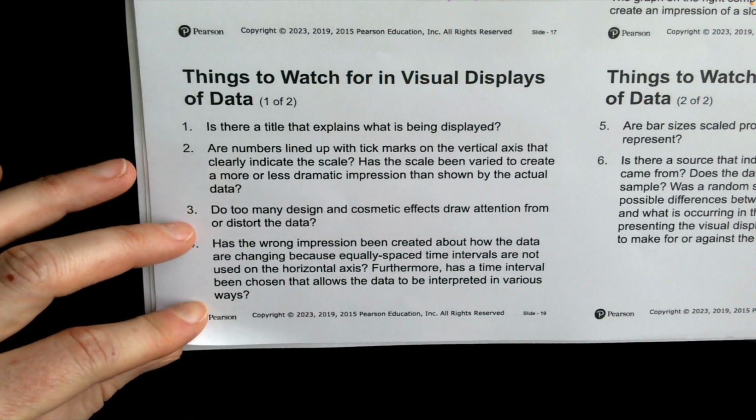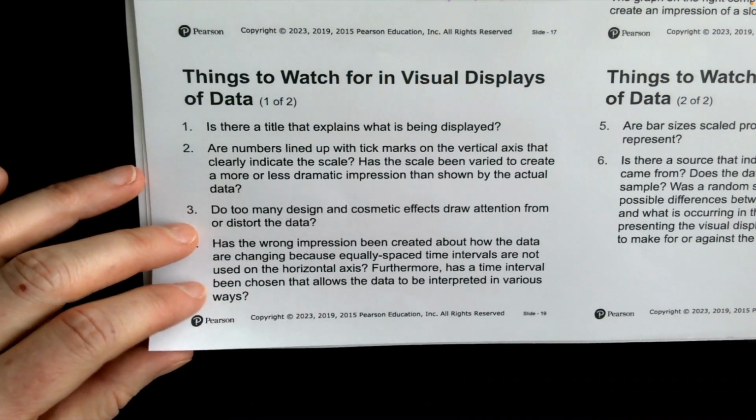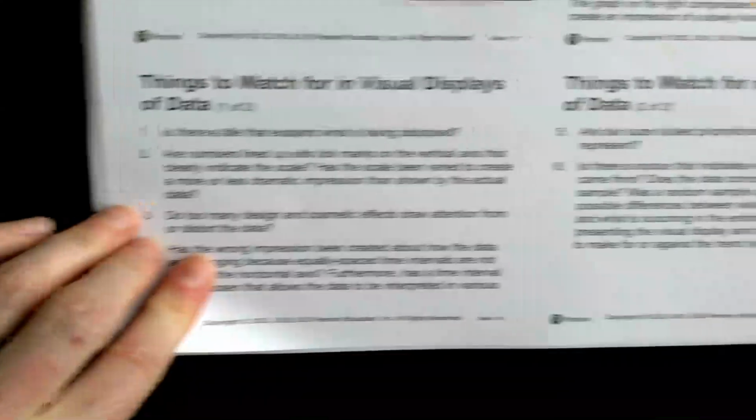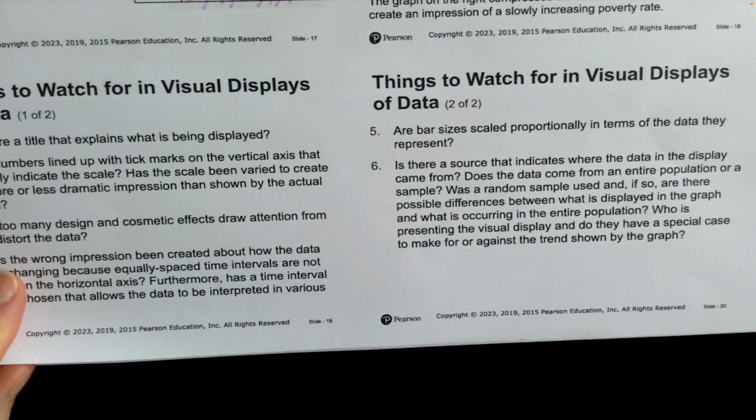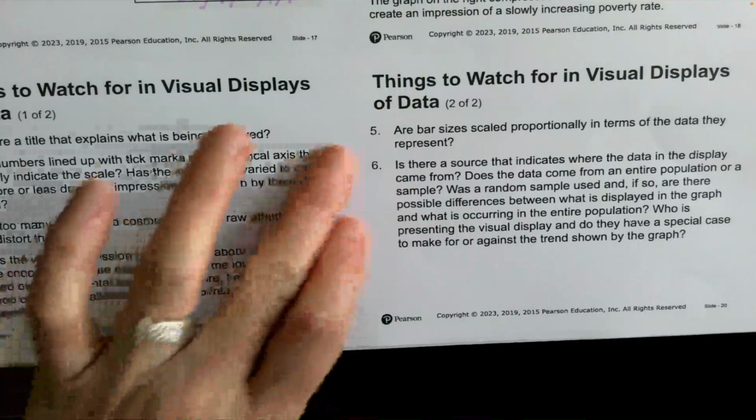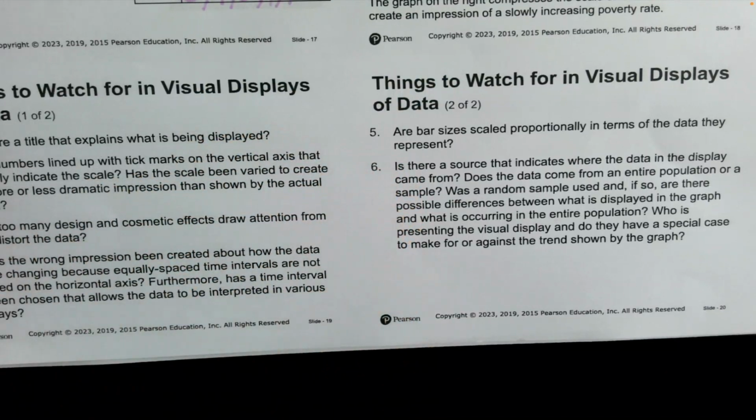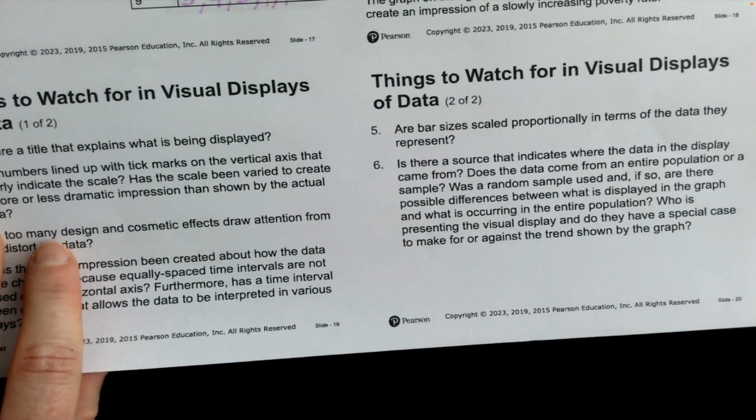Furthermore, has a time interval been chosen that allows the data to be interpreted in various ways? Are bar sizes scaled proportionally in terms of data they represent? And is there a source that indicates where the data is coming from? Was it a random sample? Who's presenting it? Do they have a special case to make against the trend shown by the data?